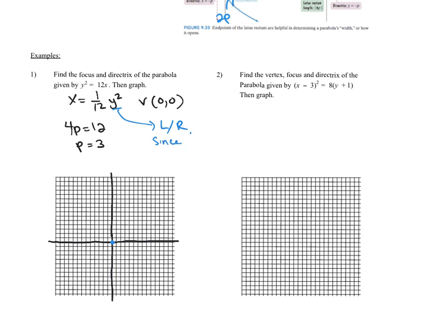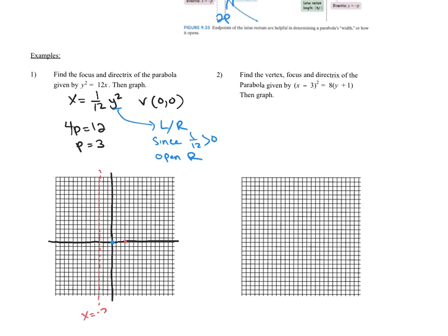And since 1/12 is greater than 0, this is actually going to open right. So our focus will be 3 units to the right of our vertex. So our focus is right here. And the directrix is going to be 3 units to the left. And then we can see, as we dot those in, that the parabola would have to open to the right.